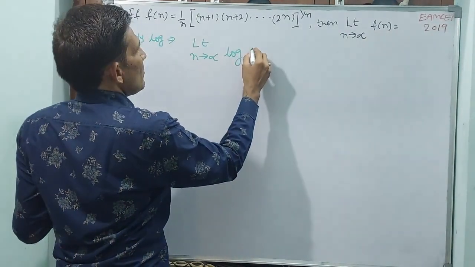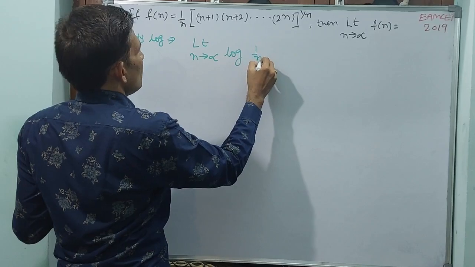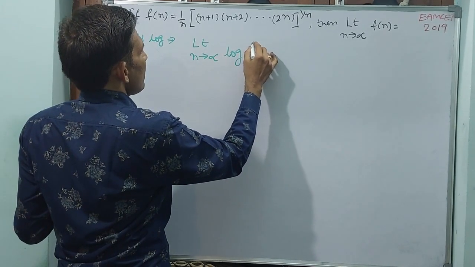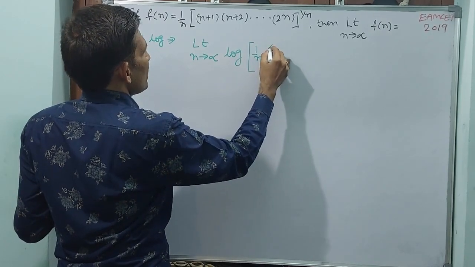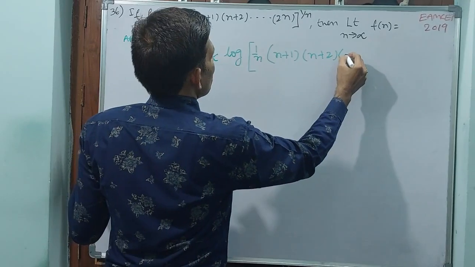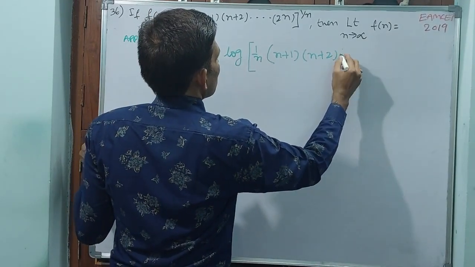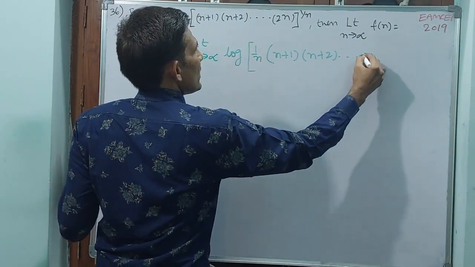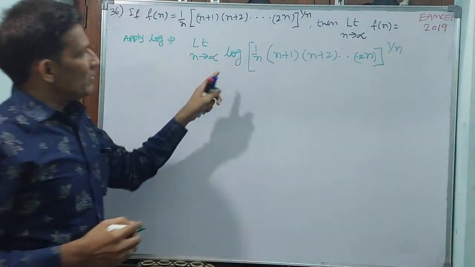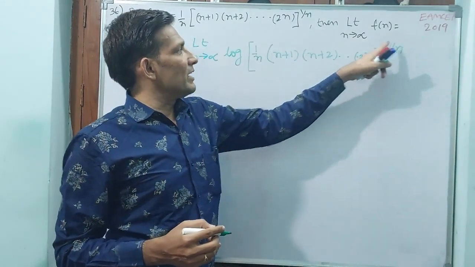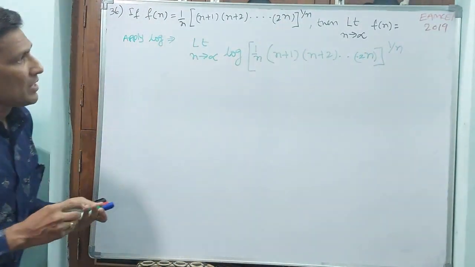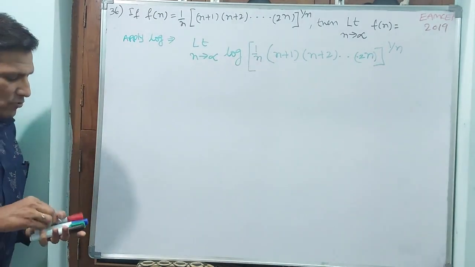Then you write 1 by n into n plus 1, n plus 2 up to 2n, to the power of 1 by n. Observe carefully, log of function power n. Sorry, function power n is there. See how we are going to change according to our convenience.